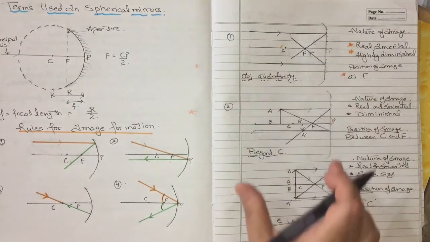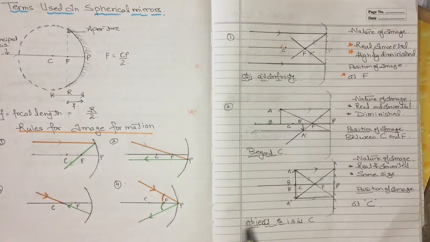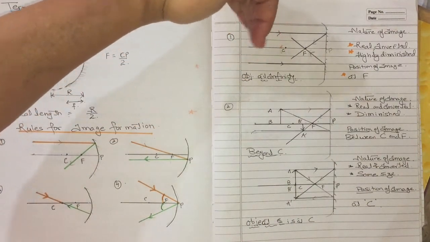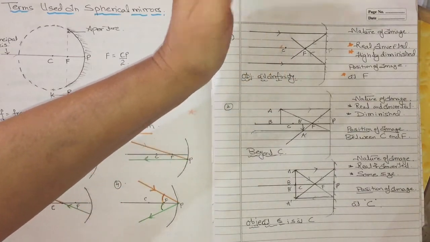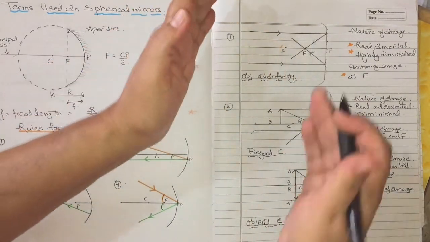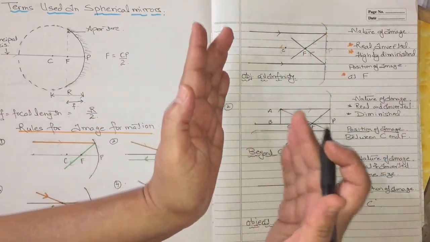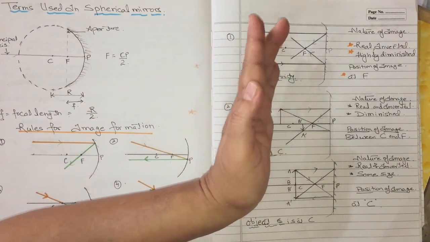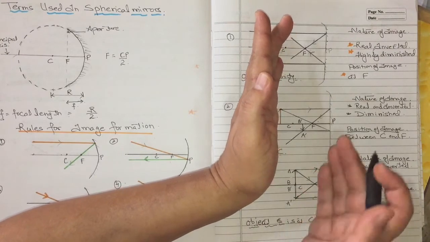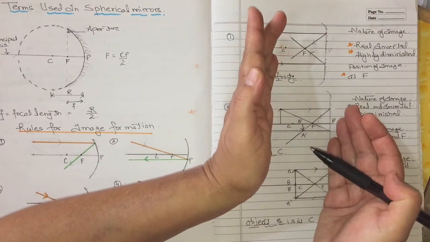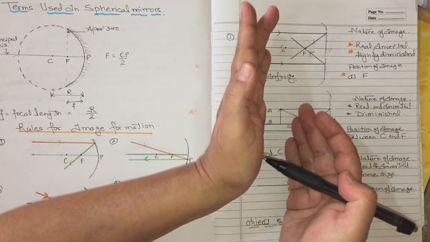Here you can see one thing, when the object was quite far, the image formed was at F. When the object is coming near, that is when the object is coming at beyond C, the image is moving towards the left hand side.